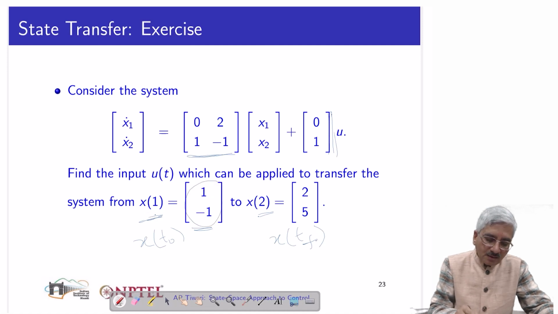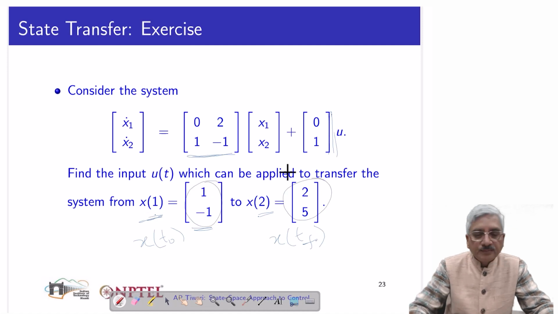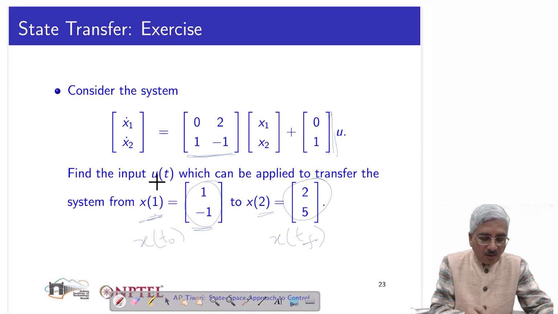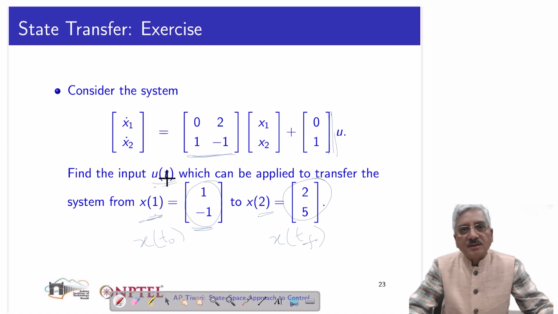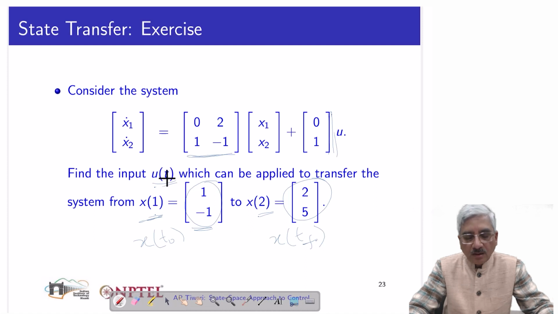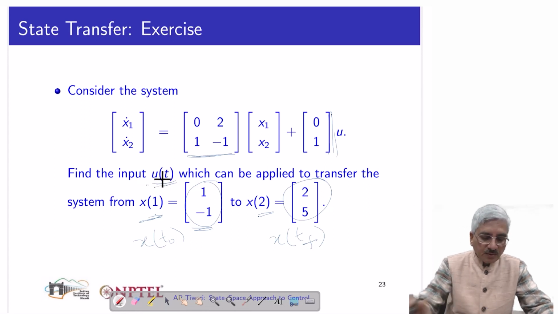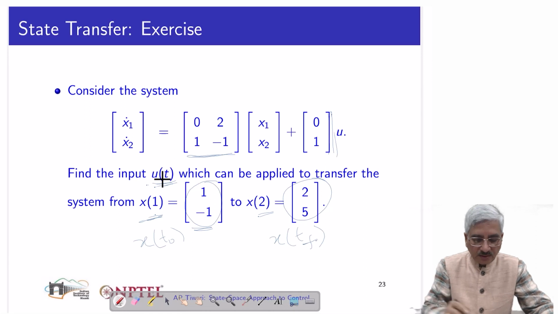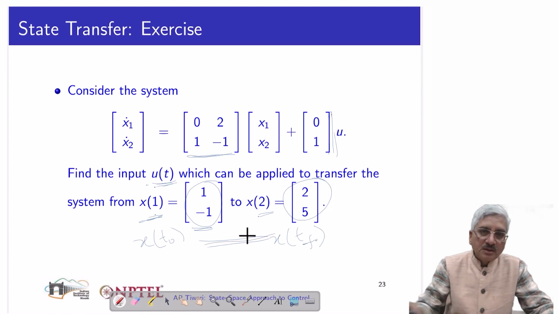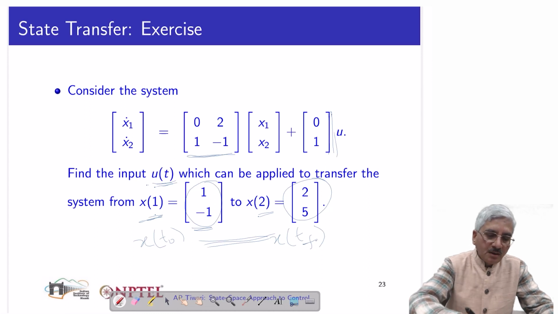First of all, it has to be shown that the system is controllable by calculating W and the inverse of W, and then the input u(t) has to be evaluated, which will achieve this state transfer. So you can sharpen your mind by trying to solve this example using the concepts presented so far.